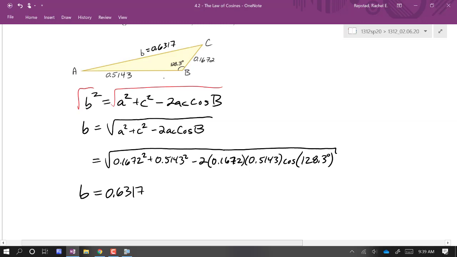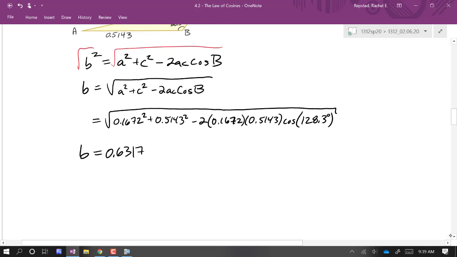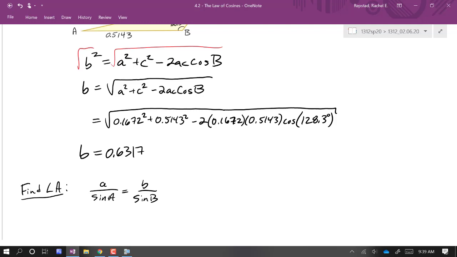So let's say we find angle A. Then we're going to use A over sine A equals B over sine B. I'm going to use the matched pair that we now have after we found B. Before I plug stuff in, just because I find it convenient, I'm going to manipulate this as a formula first, and then I'll throw in the values.